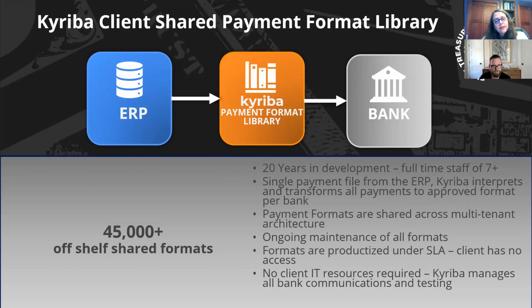We hit against that, and then send it to the bank based on whatever the most economical way of transferring it to the bank is. We're also able to take the information from the bank, feed it back through Kyriba and back into the ERP, to allow you to keep your ERP as a system of record.